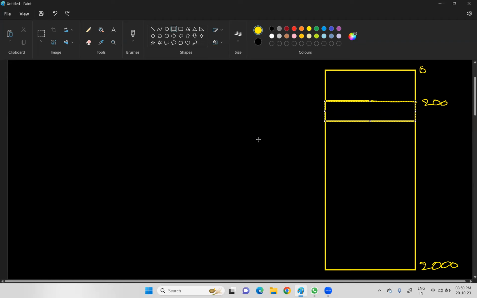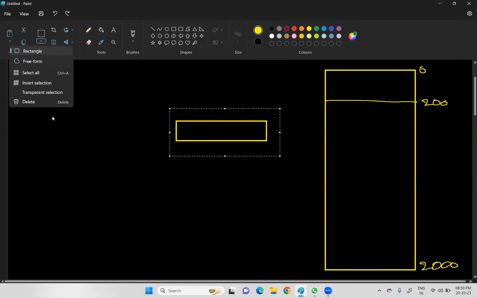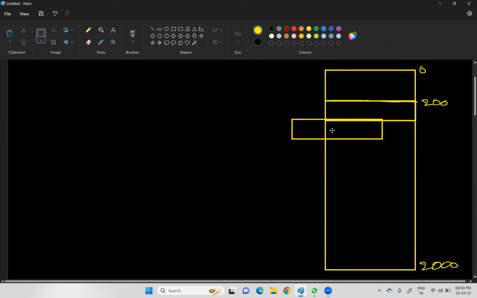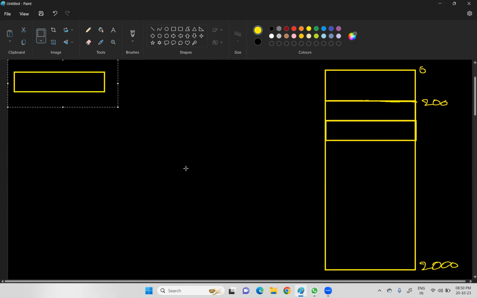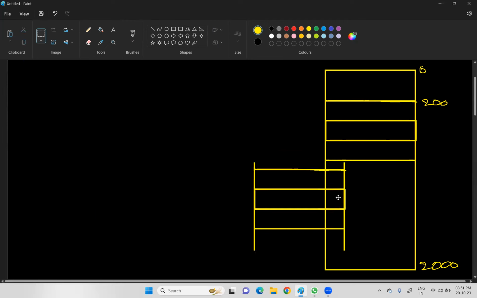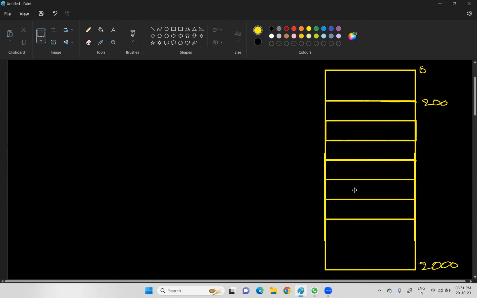This is the fixed size, and it will be divided into frames. This is the first frame, this is the second frame, this is the third frame, and this is the fourth frame, and so on and so forth. All these are different frames which are available. Like this, it is going to be arranged.